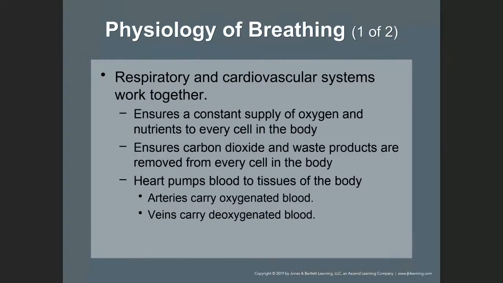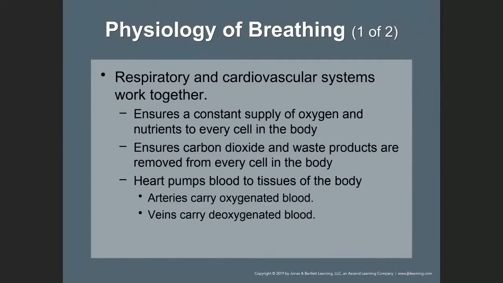Now, the physiology of breathing. The respiratory and cardiovascular systems work together. It ensures a constant supply of oxygen and nutrients to every cell in the body. That's the main role of these two systems. It ensures carbon dioxide and waste products are removed from every cell in the body.